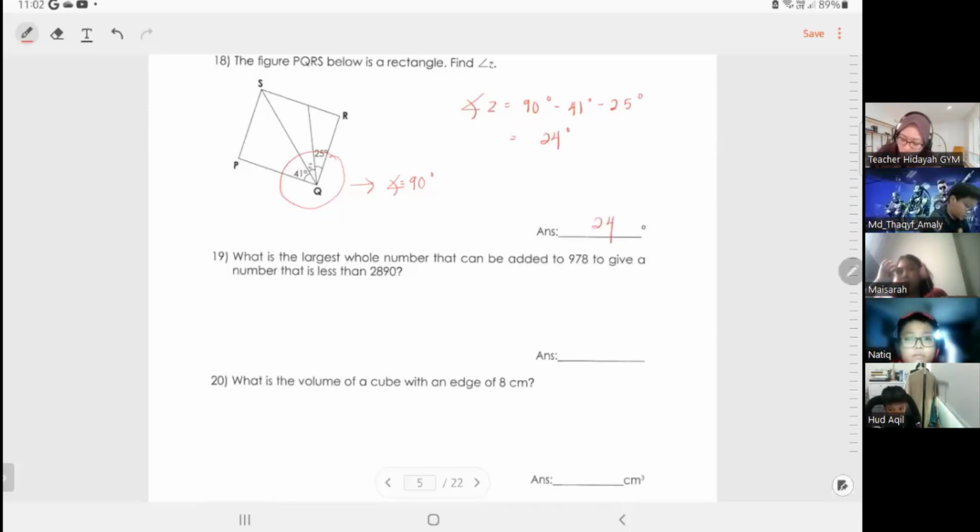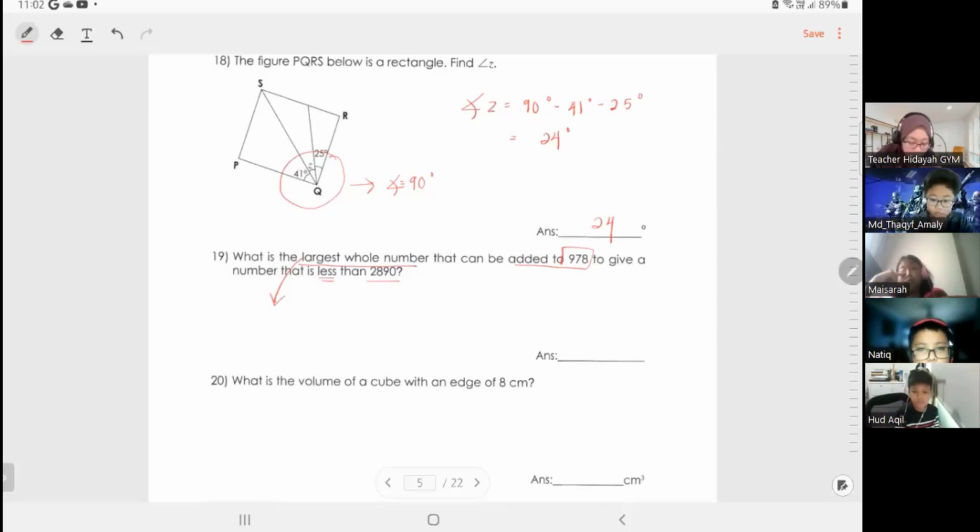Number 19, what is the largest whole number that can be added to 978 to give a number that is less than 2890? We focus on this. What's the largest whole number that can be added to this?